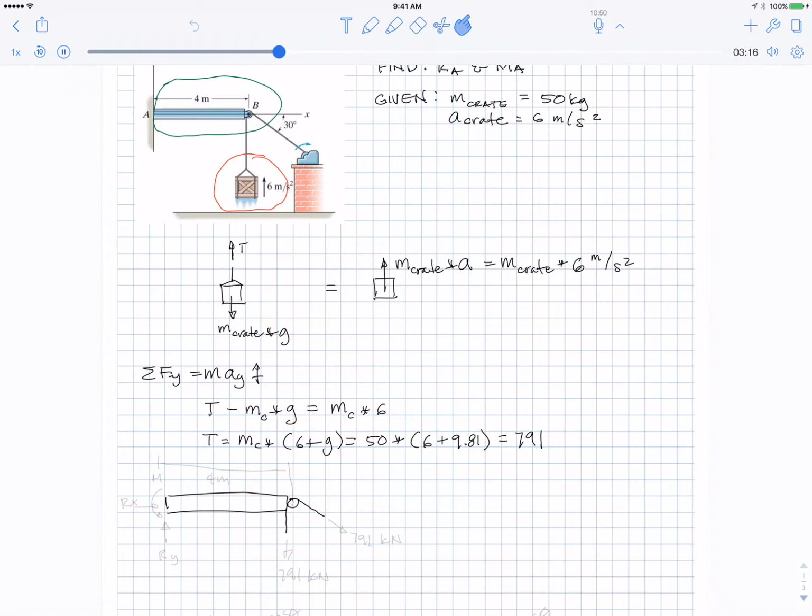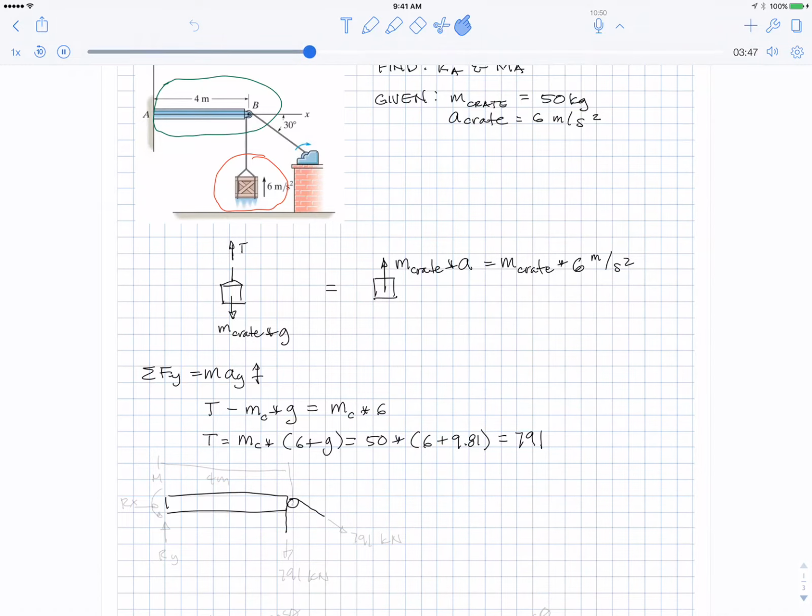They didn't give a mass for the beam. Let me go double check the problem and make sure that I didn't forget to write down the mass of the beam. Okay, so I read the problem statement several times and the beam weight is not mentioned. I did some quick calculations, and if this beam were to be designed out of reinforced concrete, it would weigh over 1,000 pounds, and the box is only about 100 pounds.